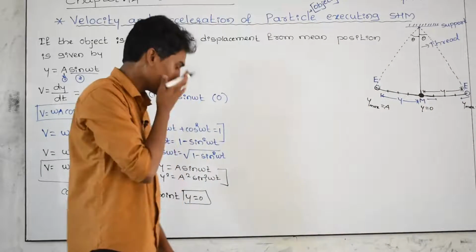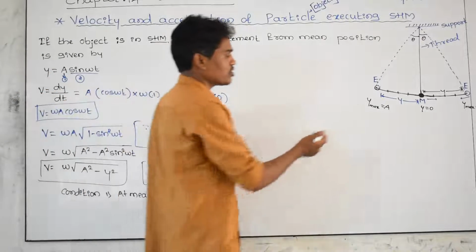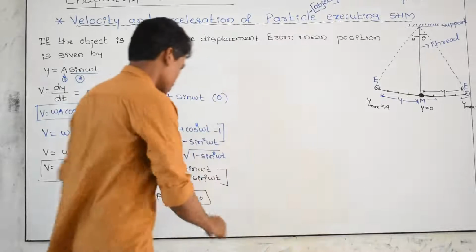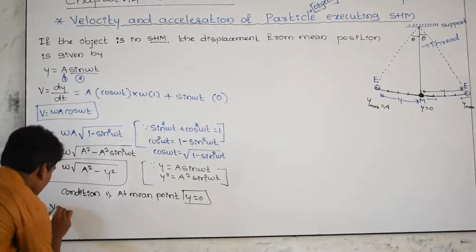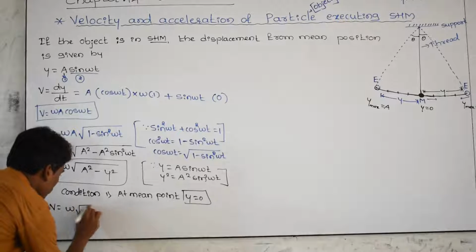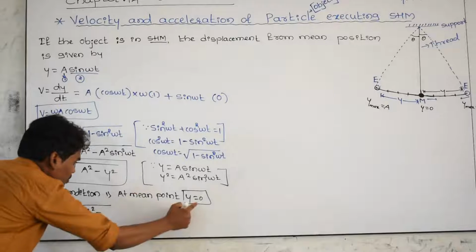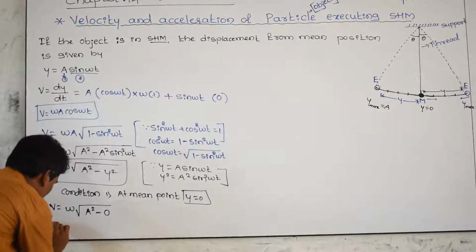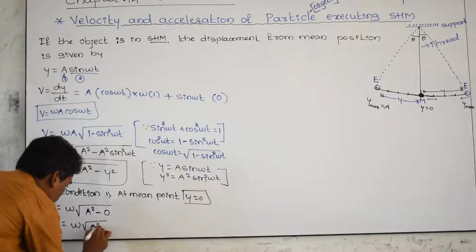At the mean point, the displacement of the object is 0. Substitute here: velocity is equal to omega root of A square minus y square. With y equal to 0, 0 square is 0, so v is equal to omega root of A square.